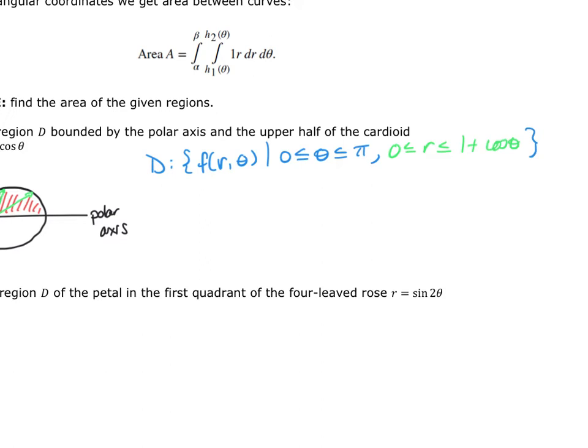When I do my integration, I'm going to integrate from 0 to pi, from 0 to 1 plus the cosine of theta, of 1r, don't forget the r, dr d theta, and you go from there.